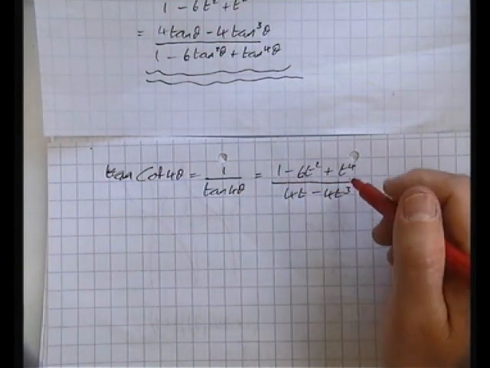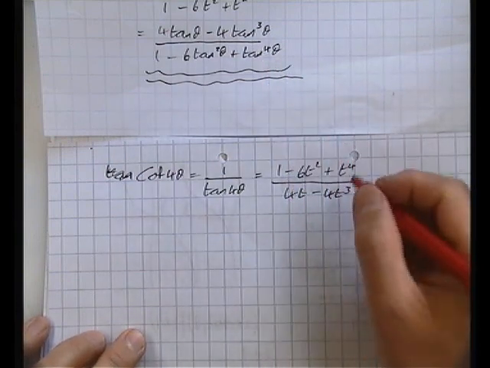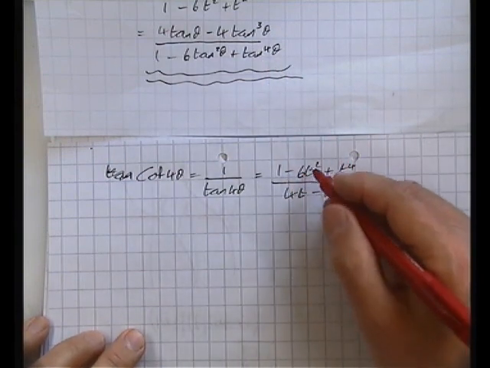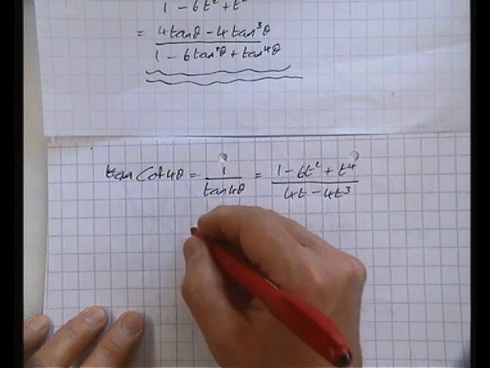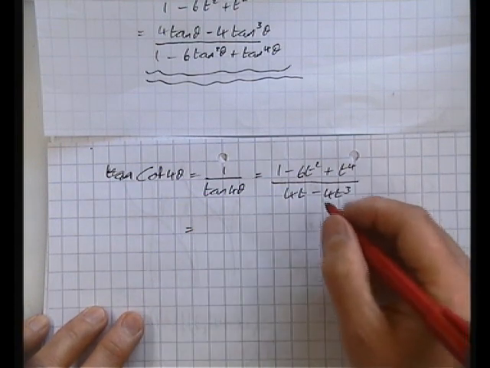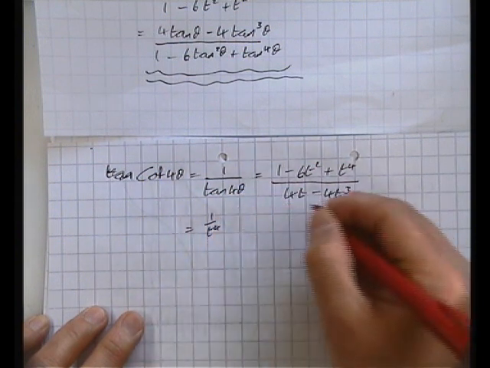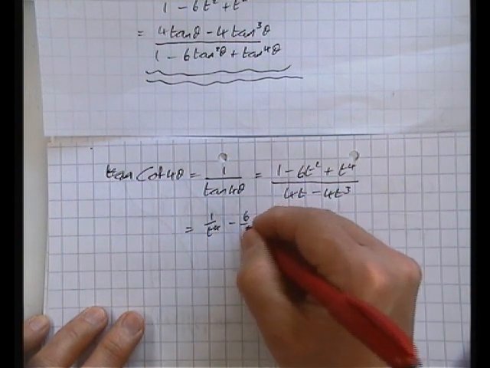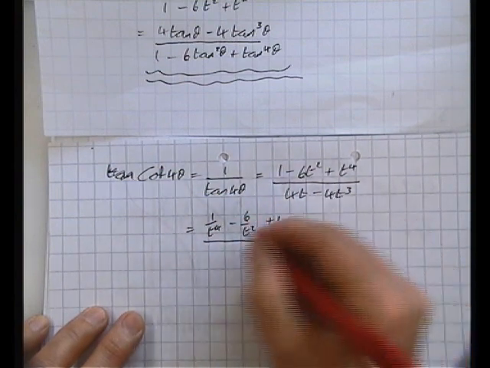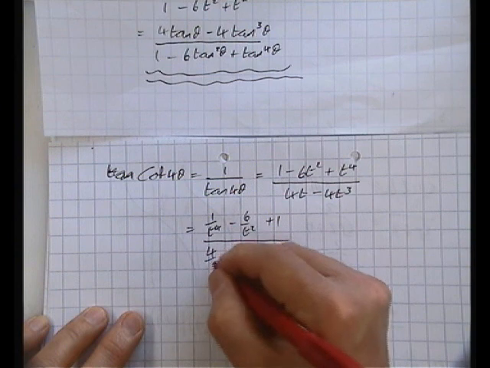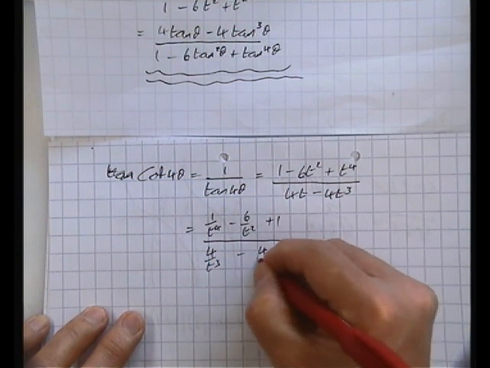if we then divide top and bottom, in a similar sort of analogous process to what we did with the cosine earlier, the numerator and denominator, by t to the power 4, we will get something quite interesting. So divide top and bottom by t to the 4, I get 1 over t to the 4 minus 6 over t squared plus 1, all divided by 4 over t cubed minus 4 over t.